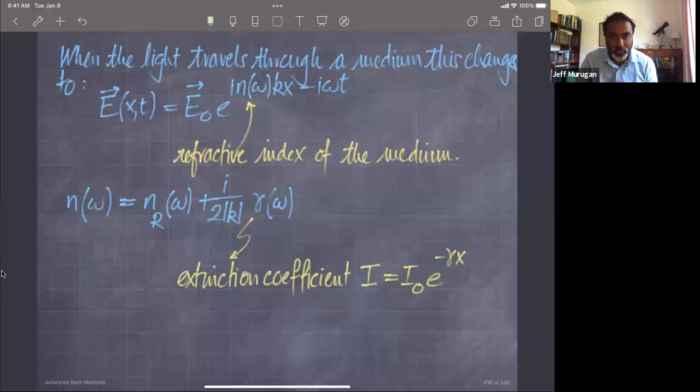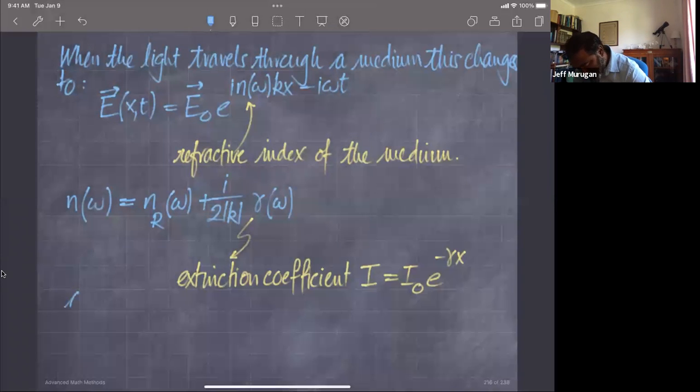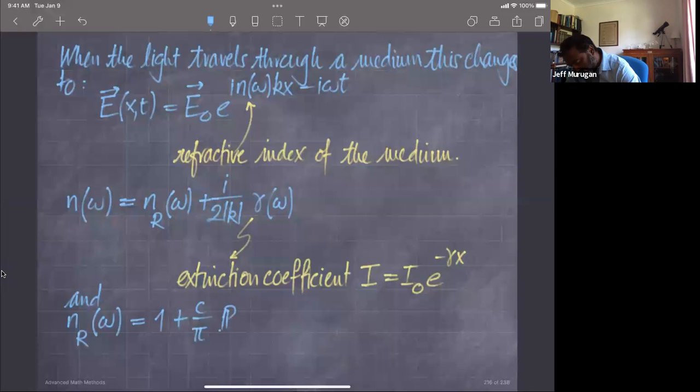The real part of this complex number is what we normally call the refractive index of the medium, and specifically n r of omega can be put into the form 1 plus the speed of light c divided by pi times the principal part of the integral from 0 to infinity d omega prime of gamma of omega prime divided by omega prime squared minus omega squared.